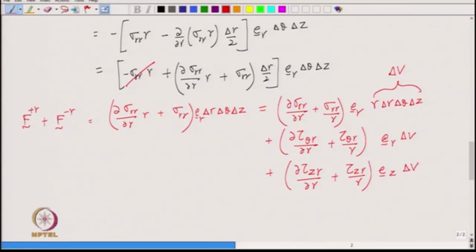Another physical reasoning for why we get an extra term here. So, you see these are the extra terms, is not it?